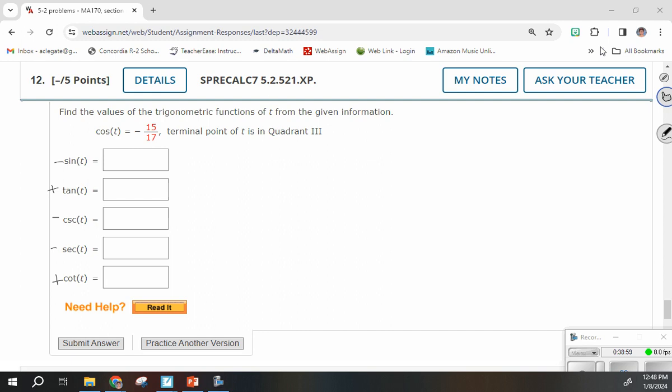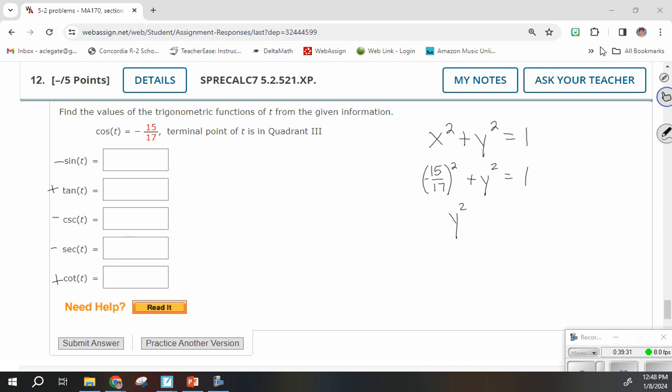Okay? Now, they gave me cosine. How can I find sine? Do you all remember your unit circle? X squared plus y squared equals 1? So what is cosine, x or y? X. So this is negative 15/17 squared plus y squared equals 1.